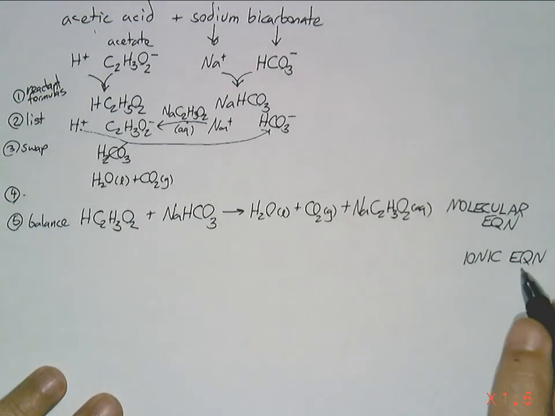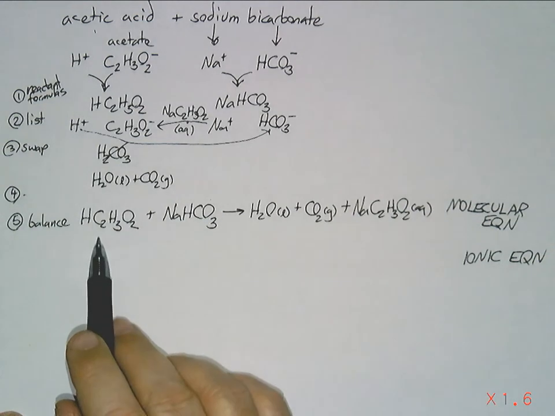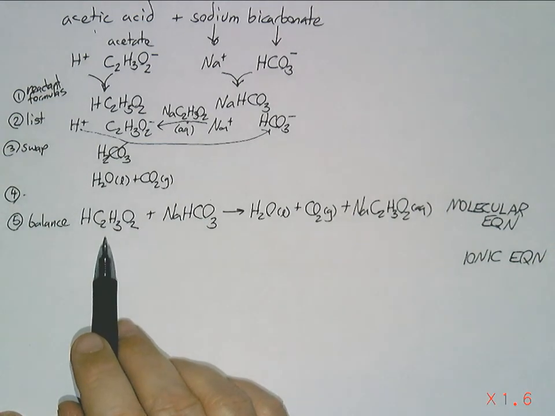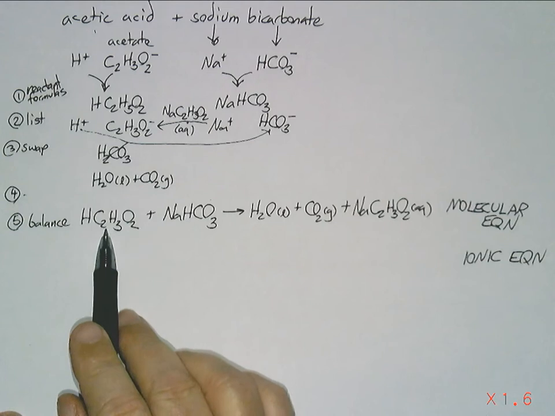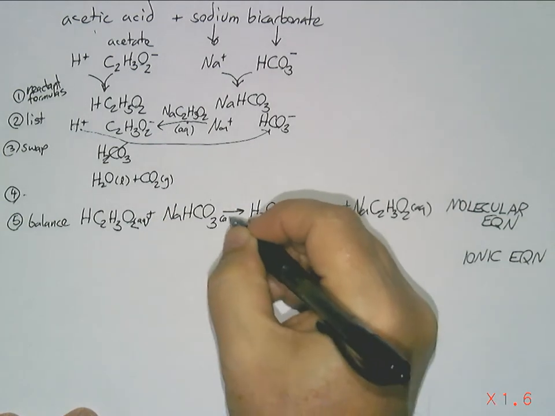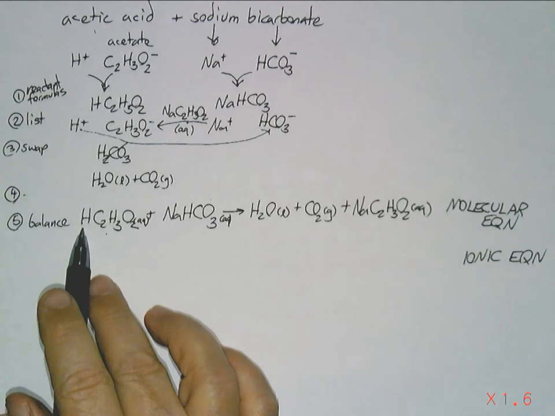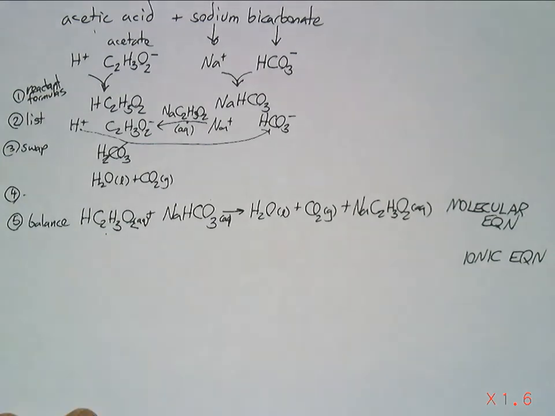So if I go on and write the ionic equation, all I got to do is scan across this and see if I see any strong electrolytes. And if I do, break them up in ions. How about this one? Is this one a strong electrolyte or not? Well, it looks like an acid, but it is not on your strong acid list.